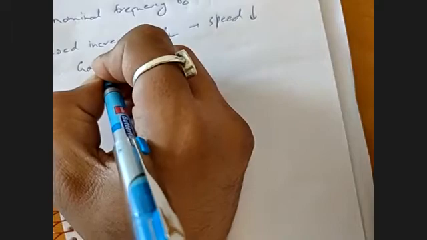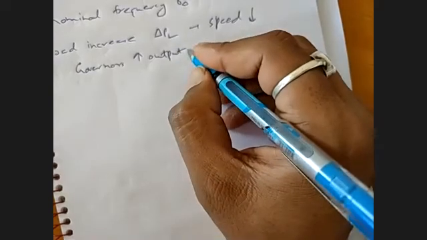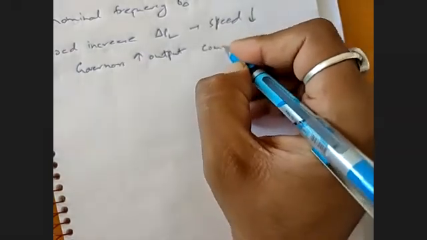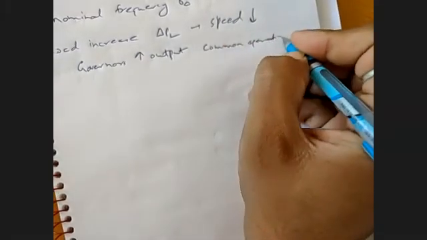Now the load is increased by delta PL and this will reduce the speed, and the governors will operate and increase the output of your turbine until you get a common operating frequency F dash.